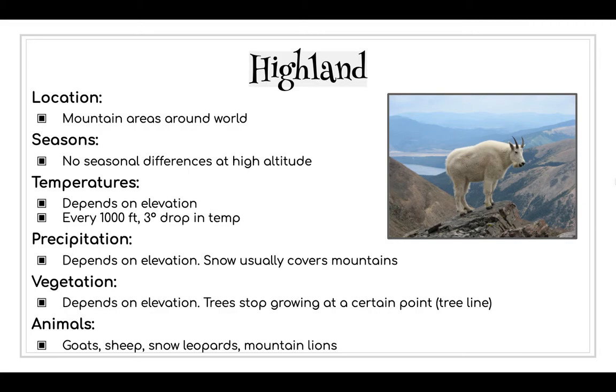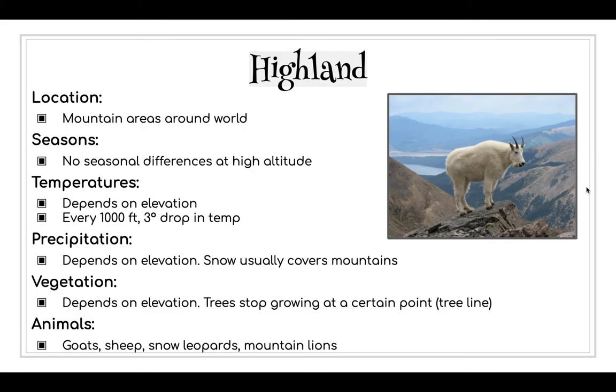Okay, so you can see in this picture here kind of where the tree line is, because once it gets too high, there's not enough water, and it's too cold for them.